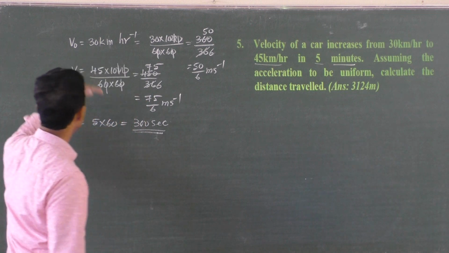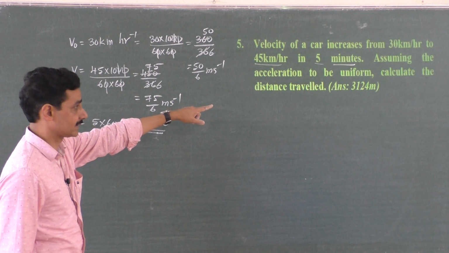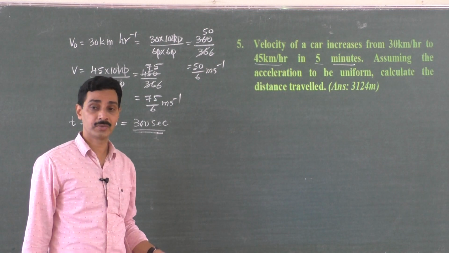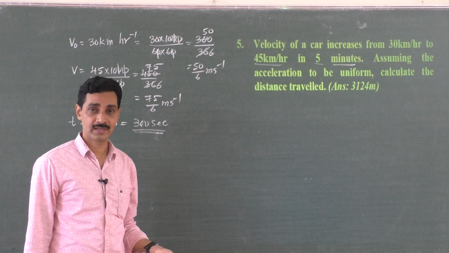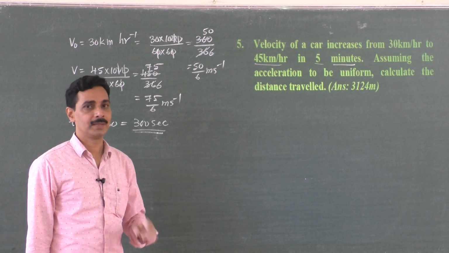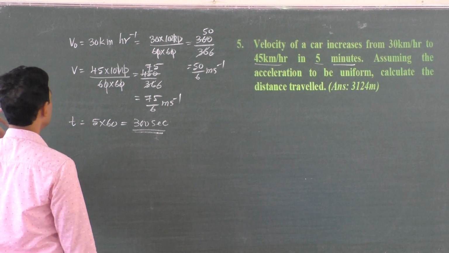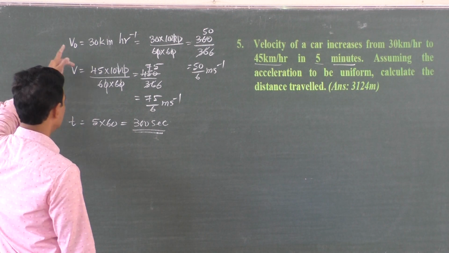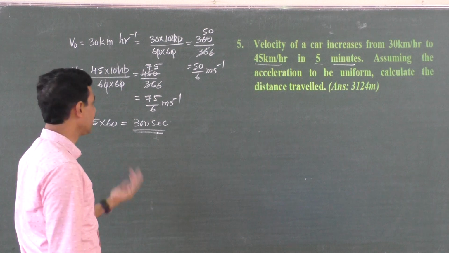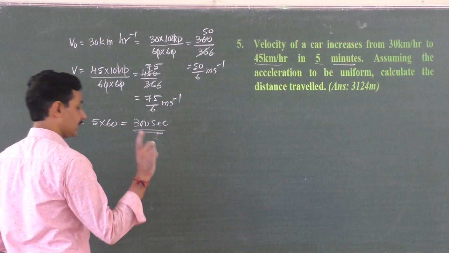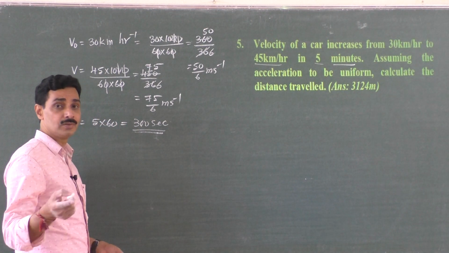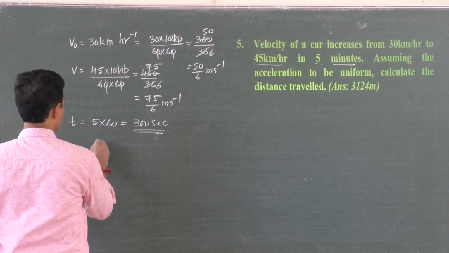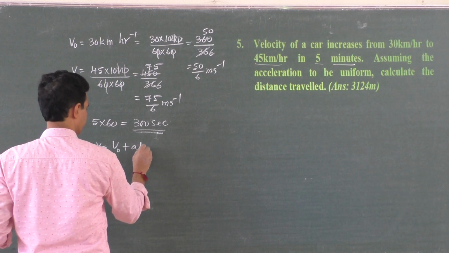So somehow you find out a first, then go for the distance. Whichever equation you use, v square is equal to v naught square plus 2ax, or x equal to v naught t plus half a t square, you need a. If we directly put x equal to v naught t plus half a t square, we don't know a and we don't know x, so there will be two unknowns. So what we can do is use v is equal to v naught plus a t.